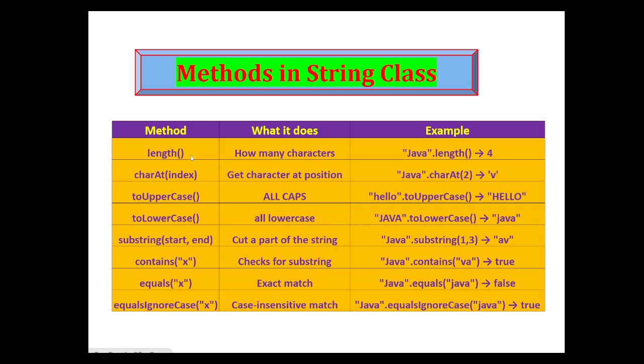For example, length is a method which is available in the String class. It will give how many characters are there inside it. Here is the example: "Java".length() is equal to 4, it will print. This is how we can make use of all these, like charAt, uppercase, lowercase, and the other methods. And these are some examples of how we can use these methods.